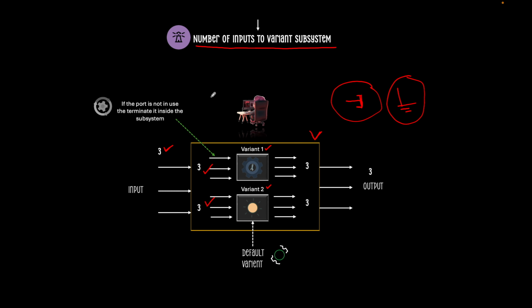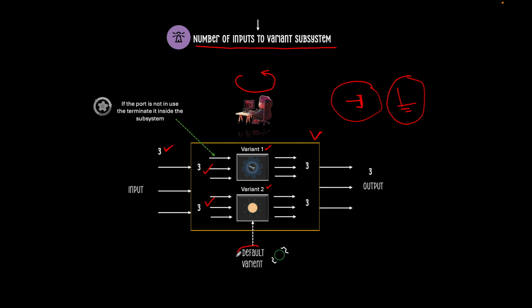In all cases, the system looks similar from the top level, and there will be no confusion. Coming to the variants, there should be one variant that is active by default. You cannot make both variants conditionally active. In this case, you should be using a default variant.